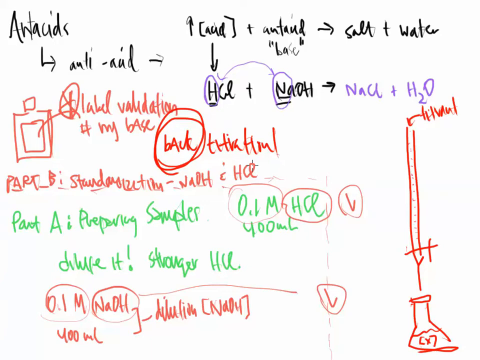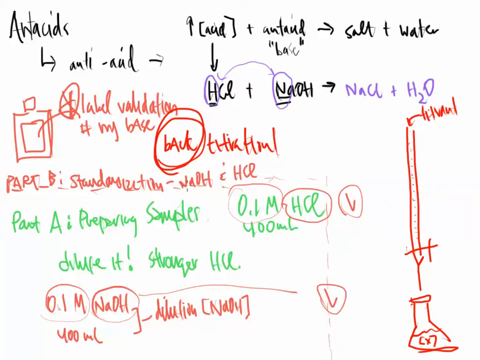So again, just because we say that we're going to make a 0.1 molarity HCl or a 0.1 molarity NaOH doesn't mean that we've made exactly 0.1. And that's the purpose of the standardization. The standardization is going to tell us exactly what those concentrations are.